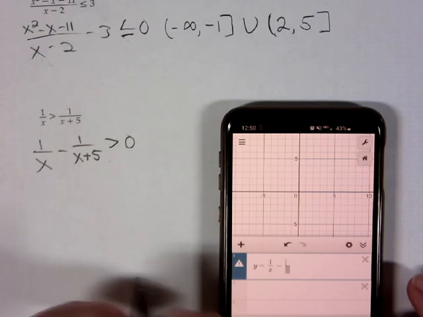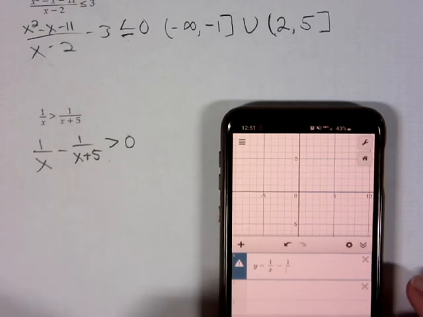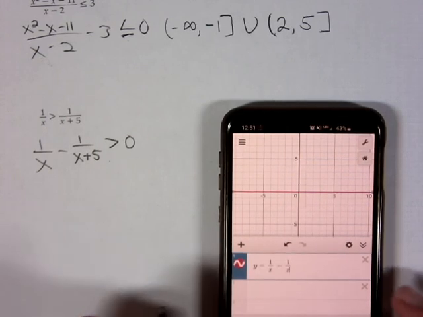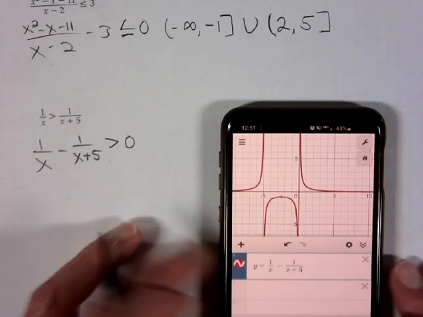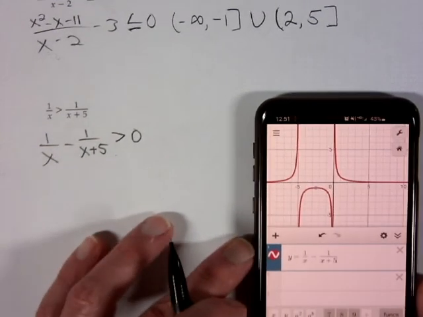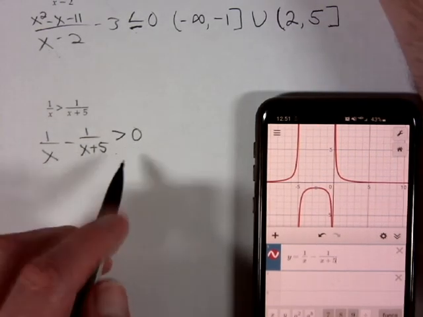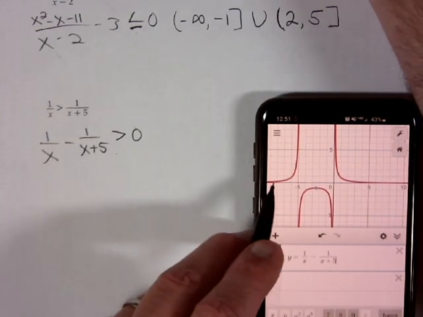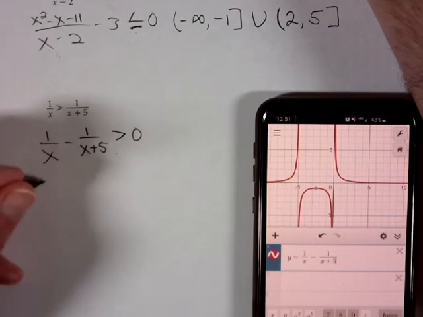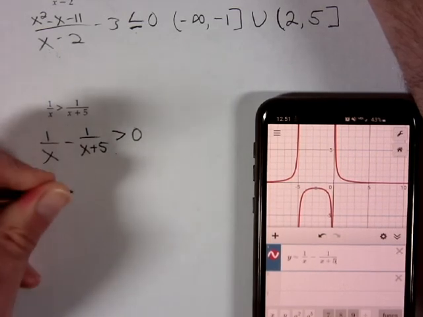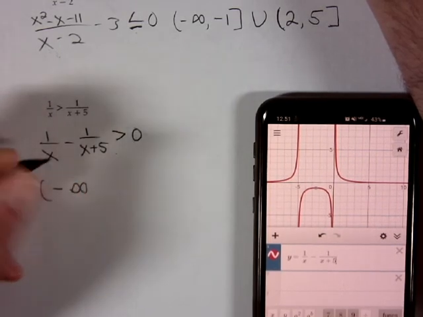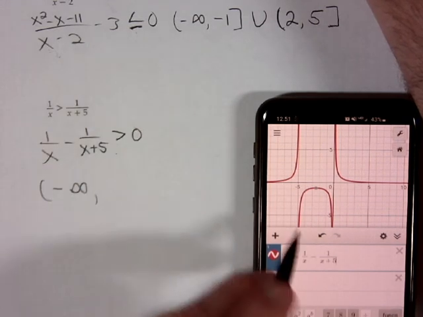So that's going to be 1 over x plus 5. And so here is my graph. And I want to know where this is going to be strictly greater than 0. Well, coming from this side of the graph, I can see that it's going to start at negative infinity. And so question is, where does it stop?